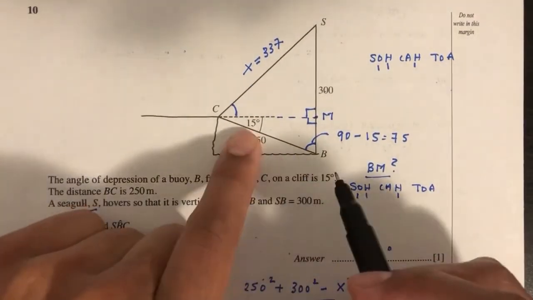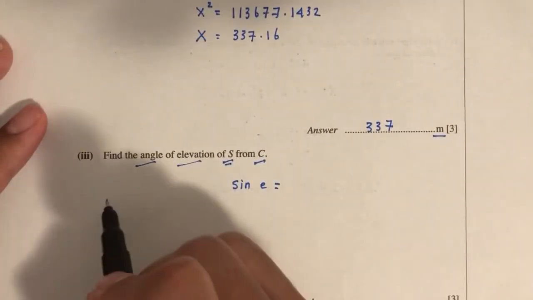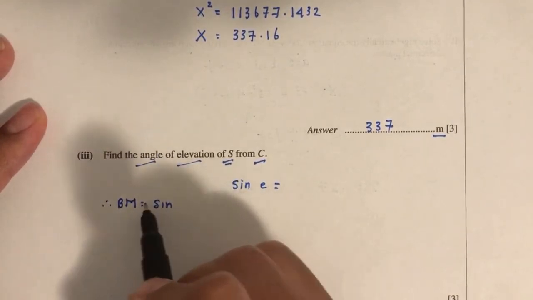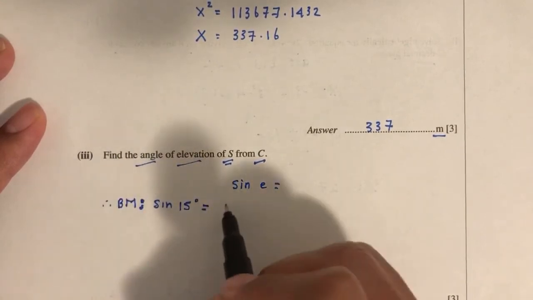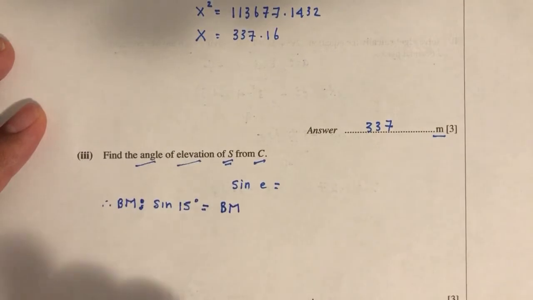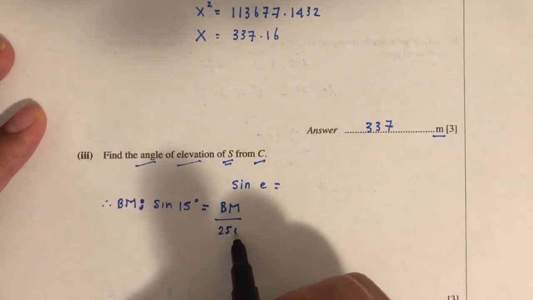So sine of 15 degrees is equal to BM over 250, the hypotenuse.